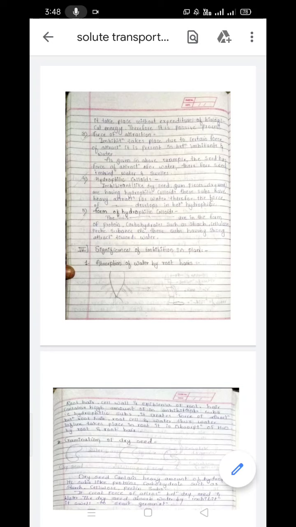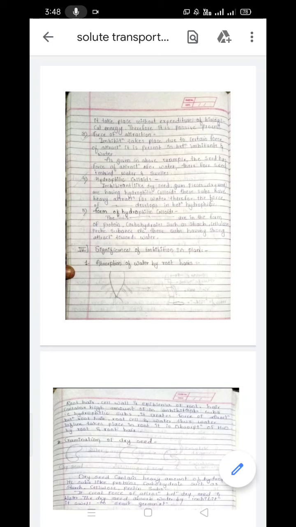Also there are some forms of hydrophilic colloids like proteins, carbohydrates such as starch, cellulases, pectinase, which are substances having strong attraction towards the water. So these are the mechanisms or processes happening in imbibition.